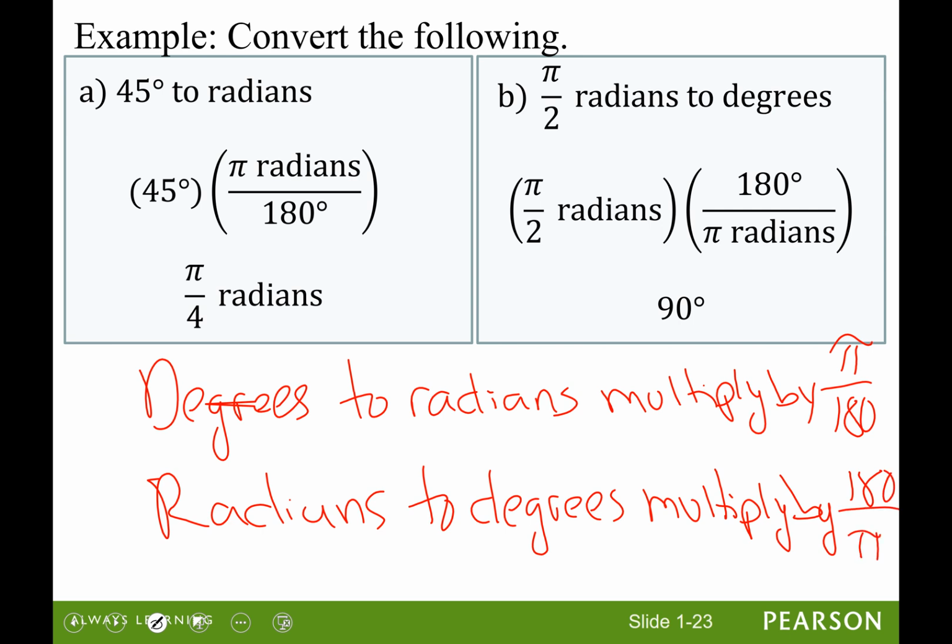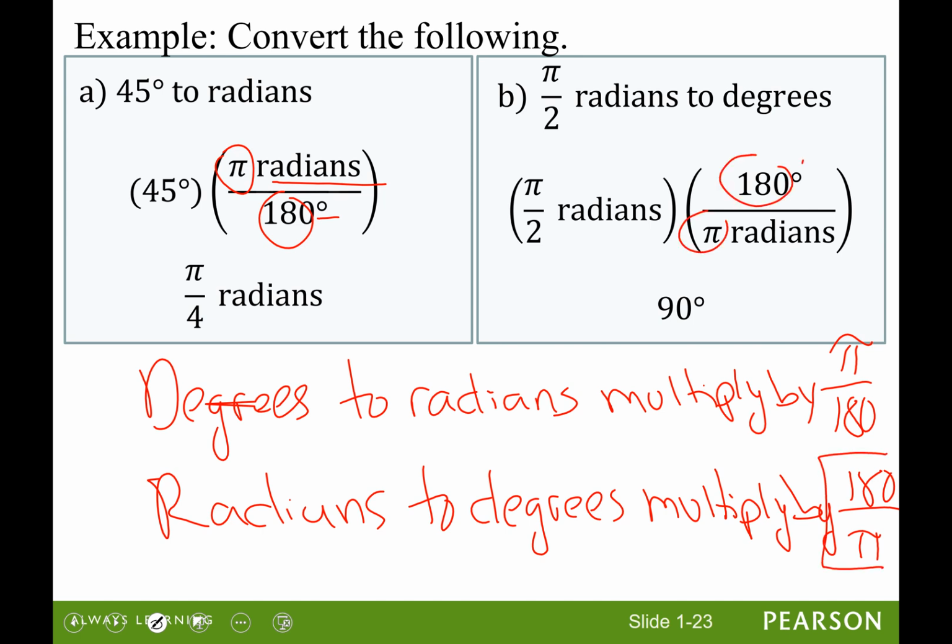The reason that is written out simpler is I just didn't write the units. So here's the pi over 180 that I was talking about. I just left off the units of radians and degrees. And here's the 180 over pi that I wrote here.